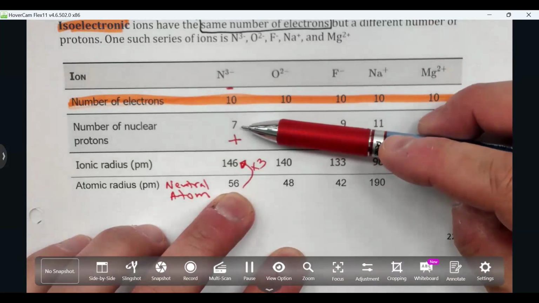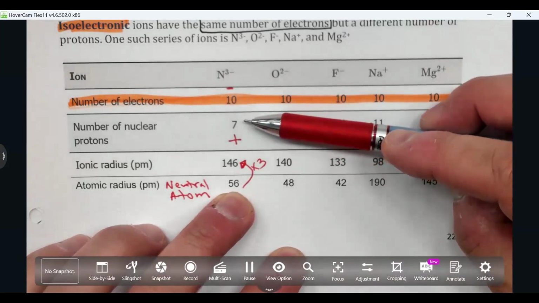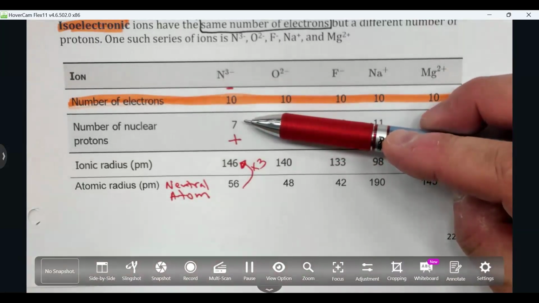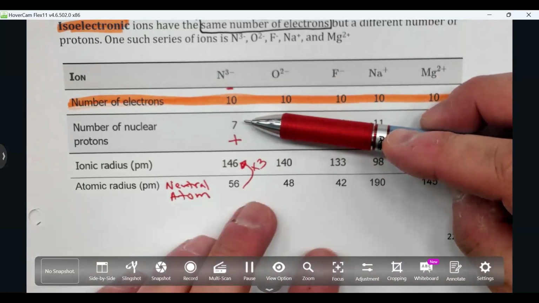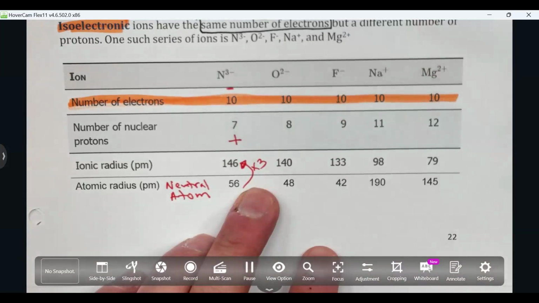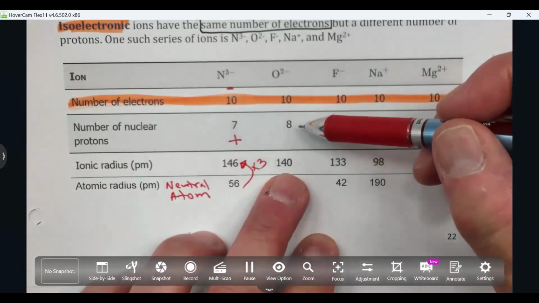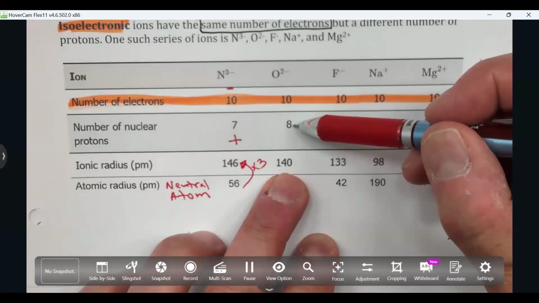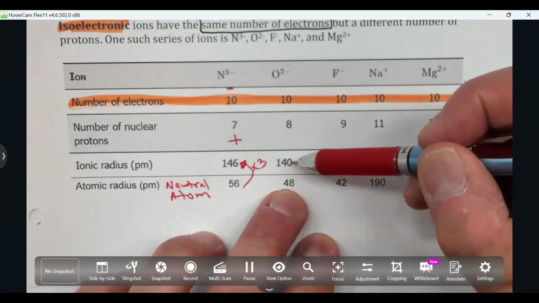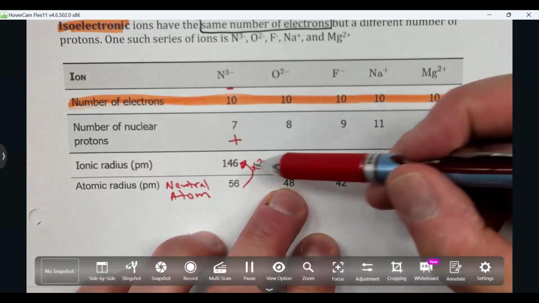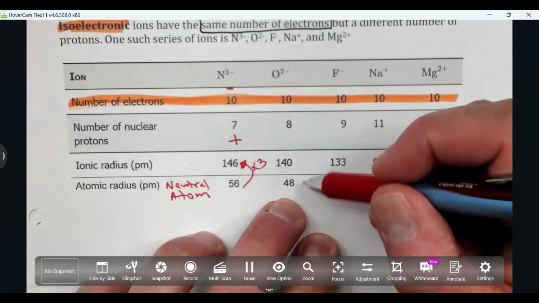You have the same number of protons trying to pull in more electrons, correct? Your positive nucleus only has 7 protons. Well, it would make sense that if you have 8 protons and 10 electrons, you can pull it in a little tighter. Not much, 146 to 140.